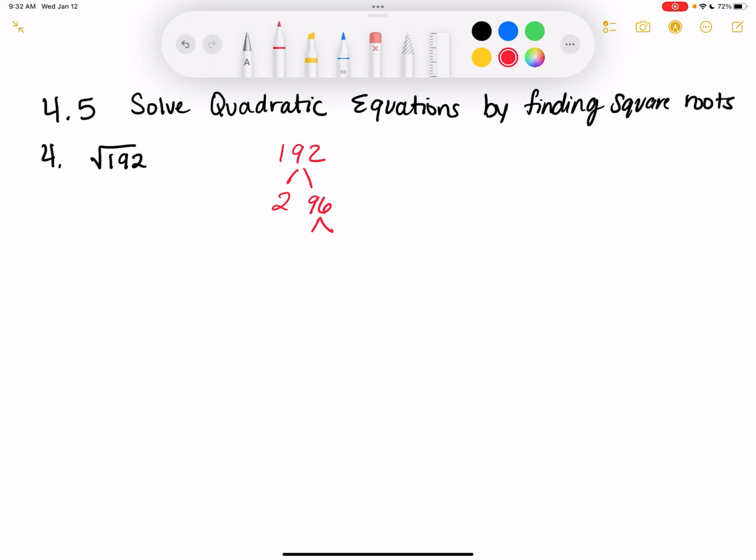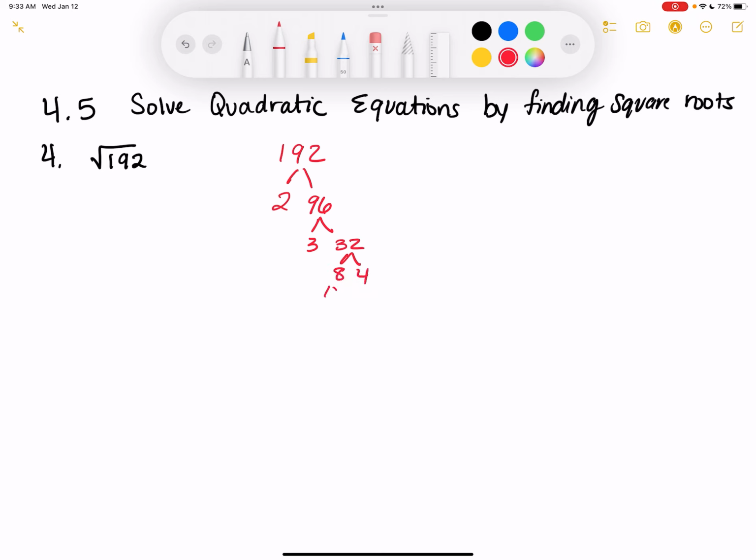So we do 2 or 3. Let's do 3, because you can do it in the 9. Easy. And then 32.